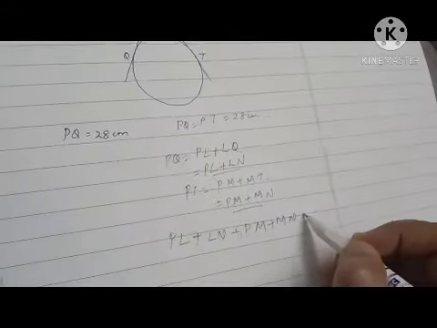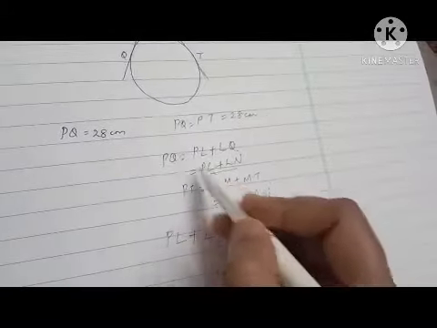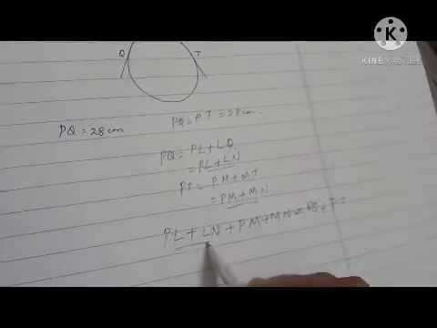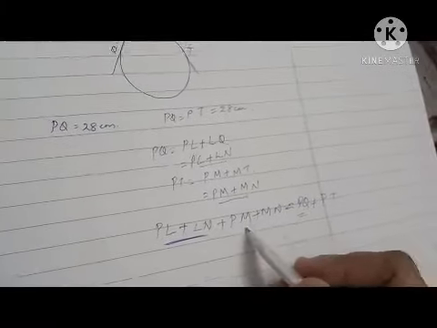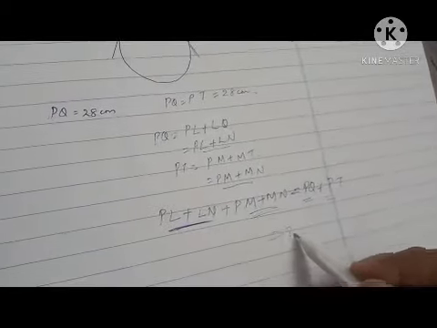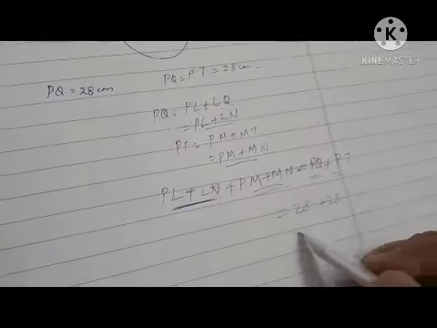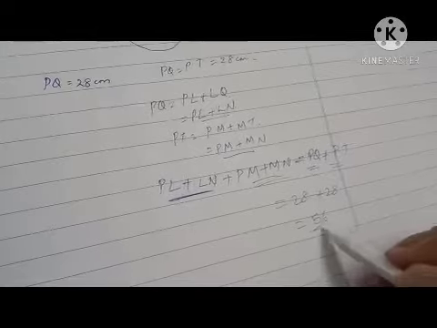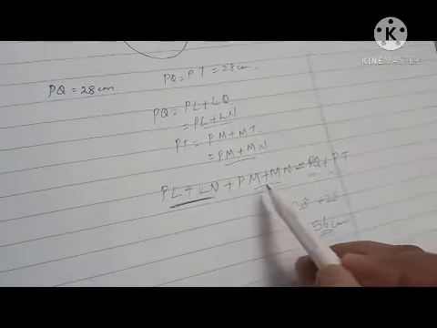So that is equal PQ plus PT. PQ means PL plus LN, so we can substitute PL plus LN as PQ. PM plus MN we can write as PT. Value of PQ is 28. Value of PT is also 28. So 28 plus 28 is what? 56. So 56 centimeter is PL plus LN plus PM plus MN.